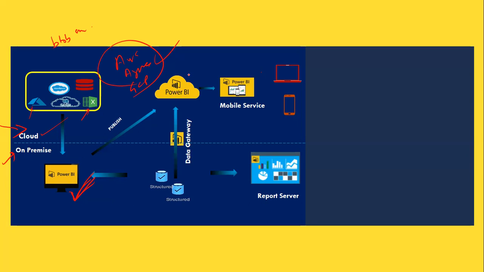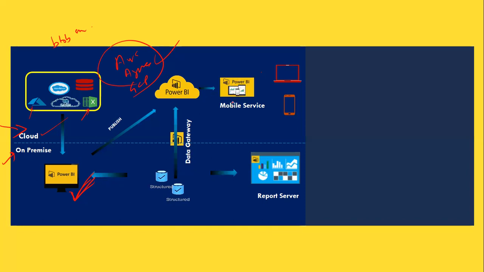This is the Power BI cloud service. It involves licensing cost, whereas the Power BI desktop is absolutely free. And the mobile service, you can download from your Play Store and install, so that on the go you can connect to your Power BI cloud service and visualize the report which you wanted to see on the go.